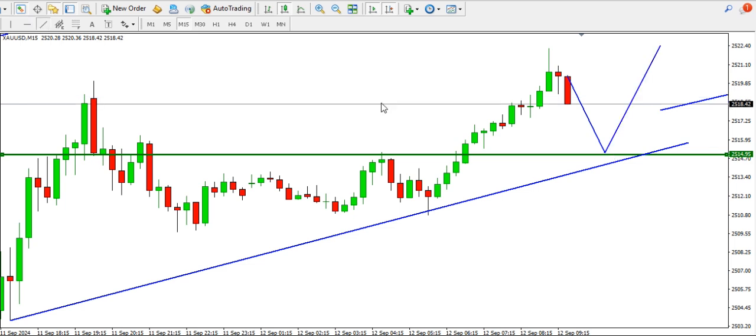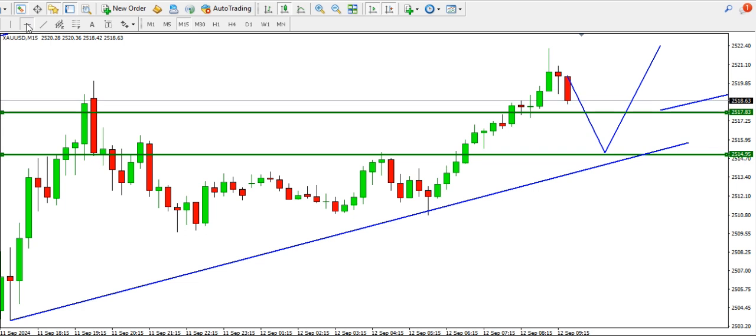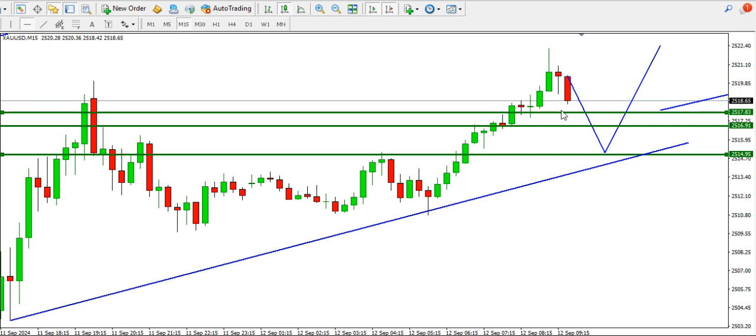But there is this particular order block here on the 15 minutes time frame. There's another one here. So we have buyers stationed around here, and we have buyers also stationed just below that level around here. So we might see price forming a bottom somewhere around here for price to get to this area and push up.